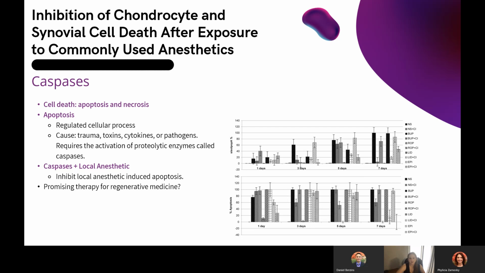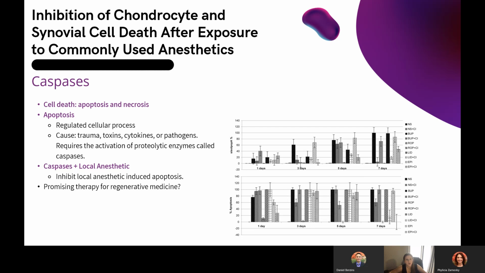So there are 2 different types of cell-related death, apoptosis and necrosis. And we're looking mostly at apoptosis. Apoptosis is a regulated cellular process that occurs because of trauma, toxins, cytokines, and pathogens. Apoptosis requires the activation by proteolytic enzymes called caspases.